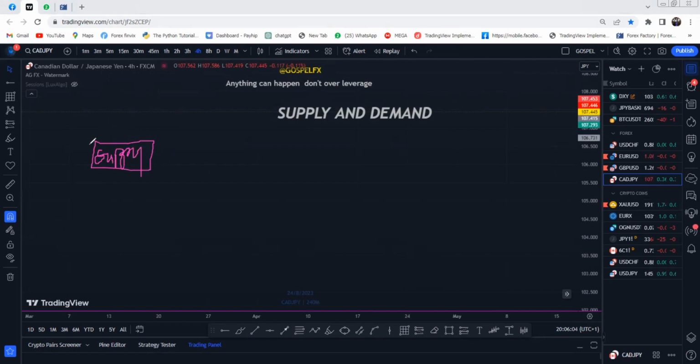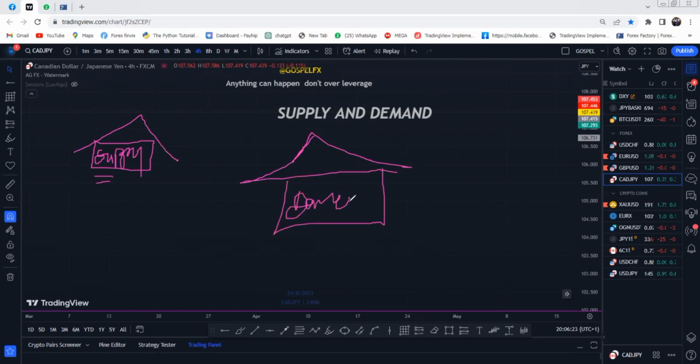This means that in this particular house, only people who are willing to sell a particular stock are there. You understand now? All right, and then you have another house, and this particular house is called a demand zone. This demand zone means that only buyers are present in this particular house, okay.